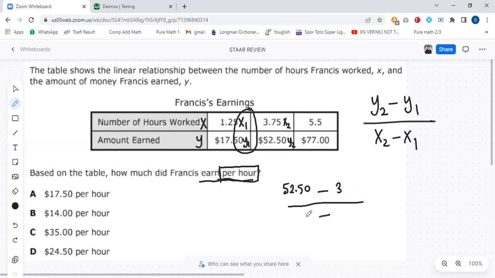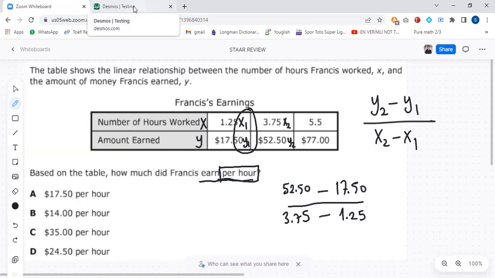All right, guys, so let's be careful. y2 minus y1. y2 is 52.50, and y1 is 17.50, right? Okay, so x2, 3.75, and x1, 1.25.